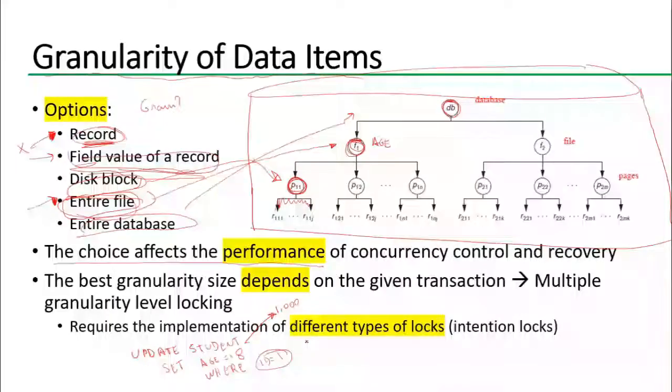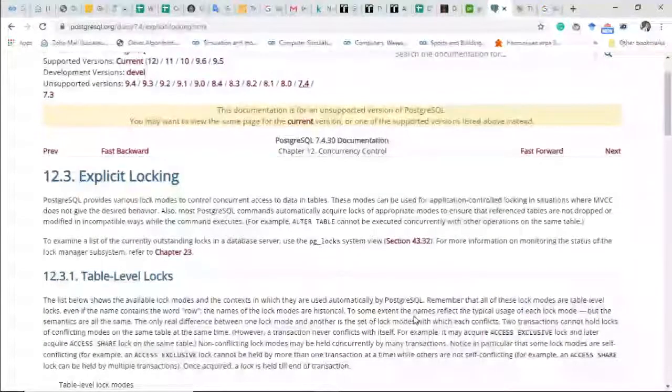There are different types of locks. So let's take a look at the different types of locks in Postgres. There are, for example, table level locks, so different types of locks for tables, and there are row level locks. So these are the two types implemented in Postgres.